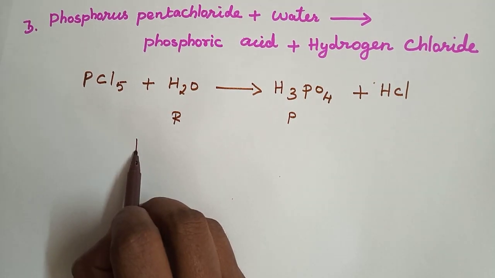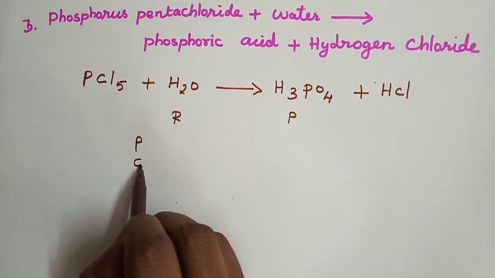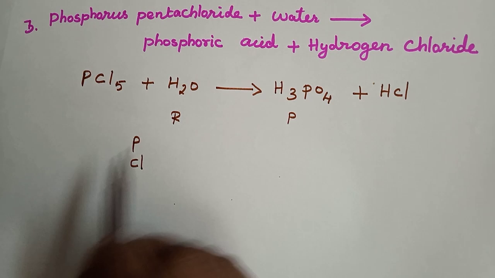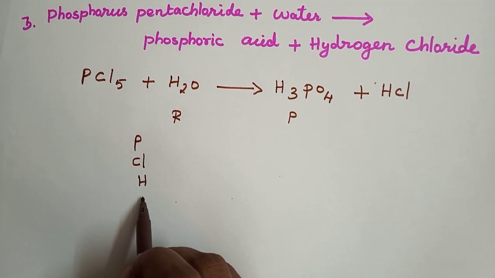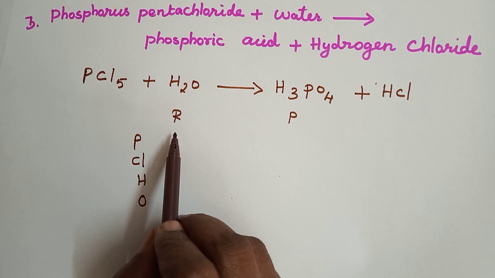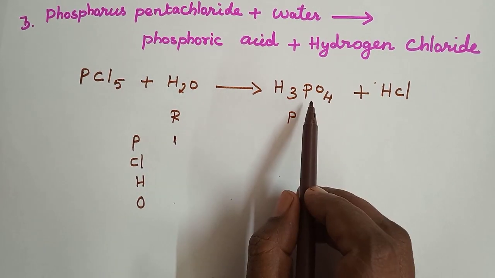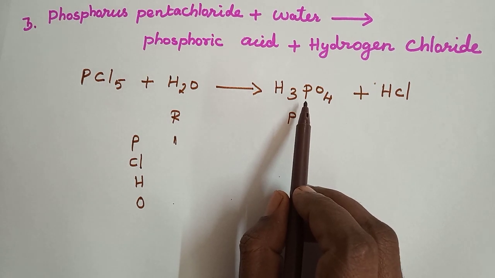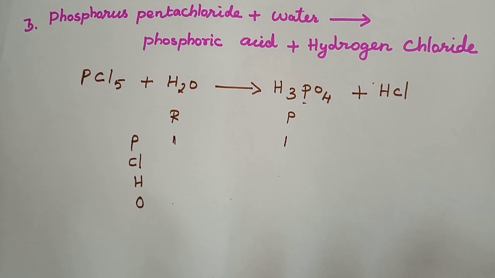So first what can we write, phosphorus, we can say P. Next what can we take, Cl. Next what can we take, hydrogen. Last what can we take, oxygen. Understood? Okay. Now we have to check P. How many P do we have here on the reactant side? 1. How many P here? Here 1. So no need to balance.